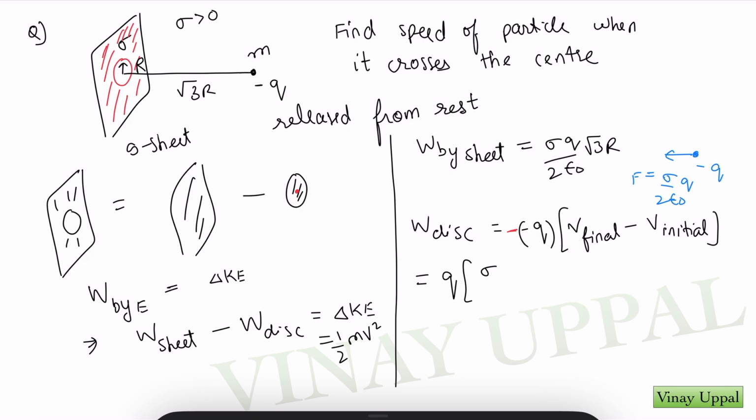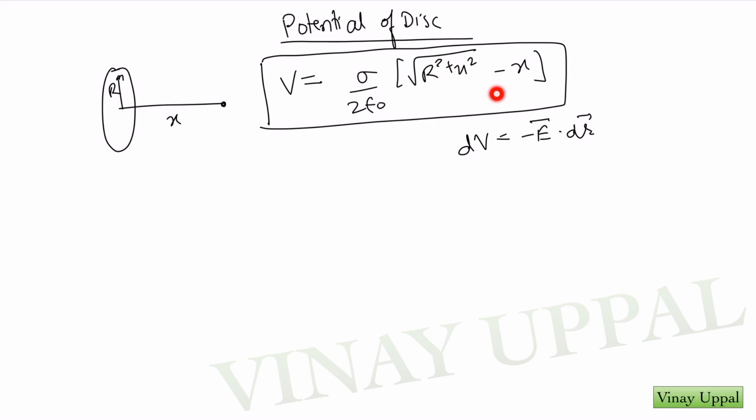Q times sigma r by 2 epsilon naught, this will be the final potential minus the initial potential. For the initial potential, I'm going to have to substitute x equal to root 3r. So once again, I'll substitute x equal to root 3r here. So I'll have sigma by 2 epsilon naught, and r square plus x square will become 2r, minus root 3r. So this will be the initial potential.